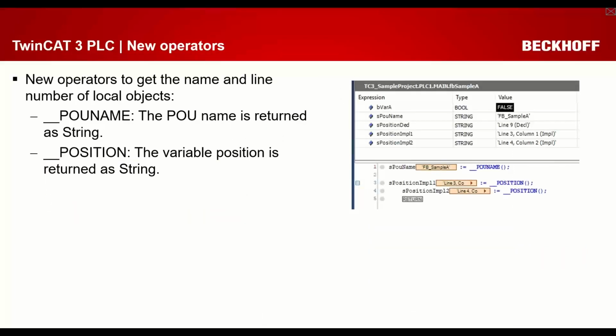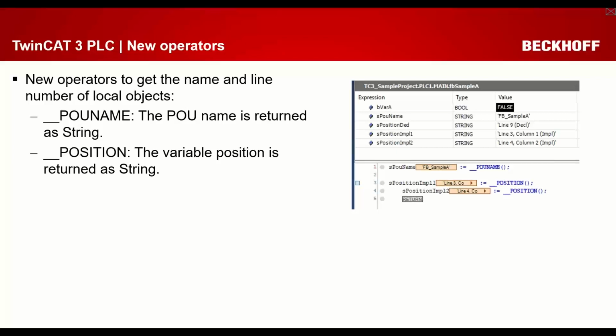Then we have added new operators. The first new operator is __POUNAME. As you can see in the sample, you can call this new operator locally to save the POU name in a certain variable. And there is also the operator __POSITION added.